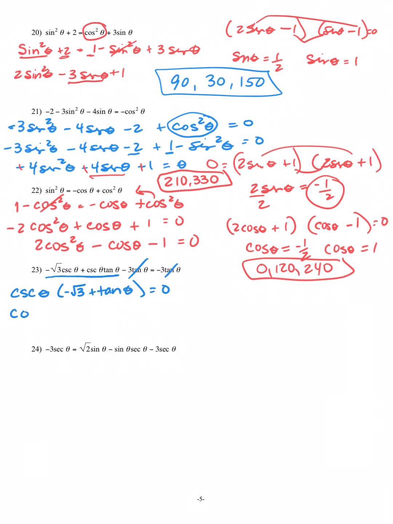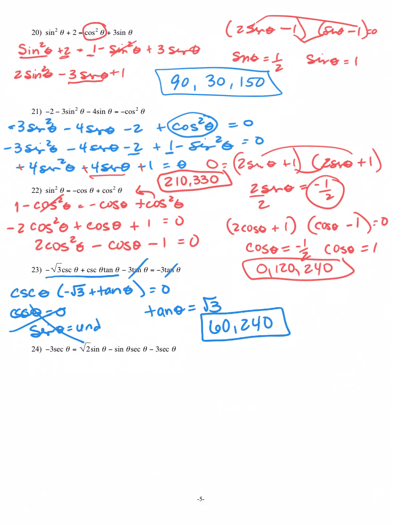So you do cosecant of theta equals 0, which means the sine of theta is undefined, which is not possible. So it's not going to produce any answers. And then you're going to get the tangent of theta equals root 3, and that's going to give you two answers, which are 60 and 240. So that is the answer to that.